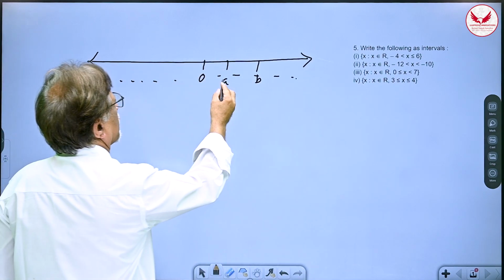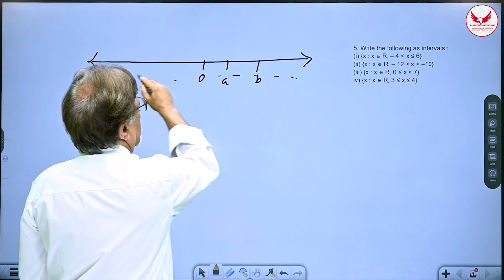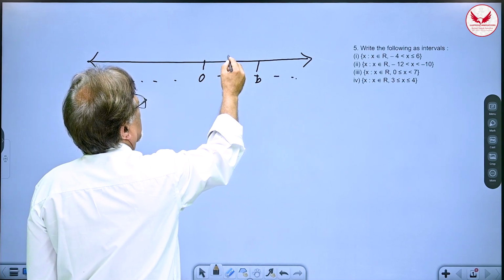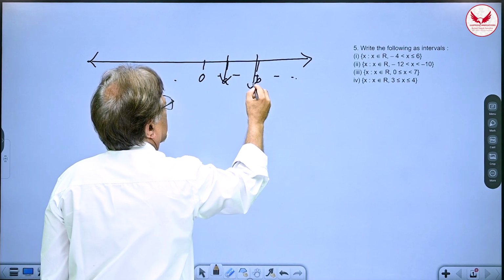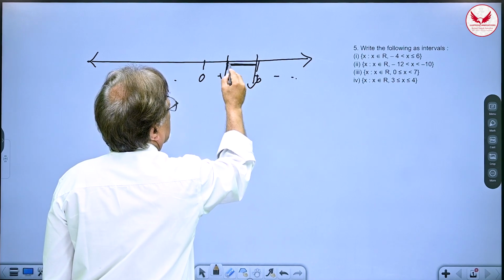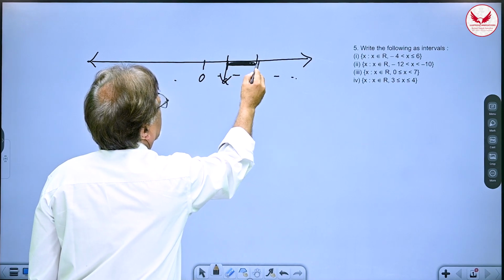Now, if I make a cut here, and cut here, then what is left is this line segment. This line segment is called an interval.